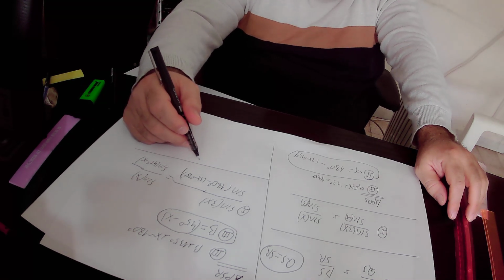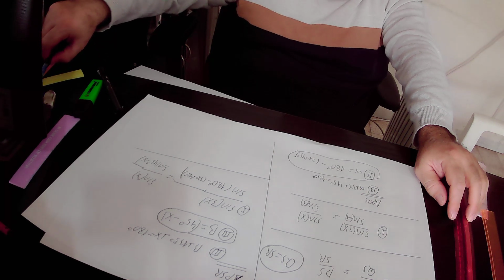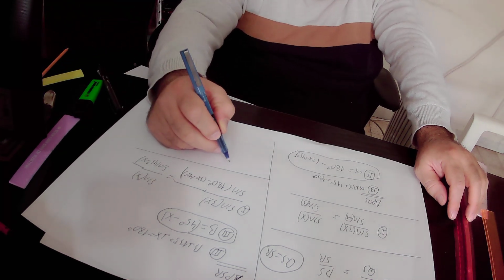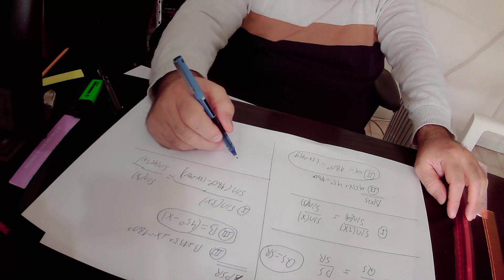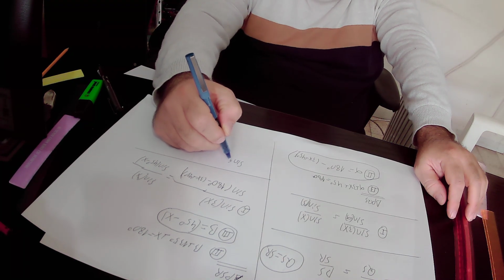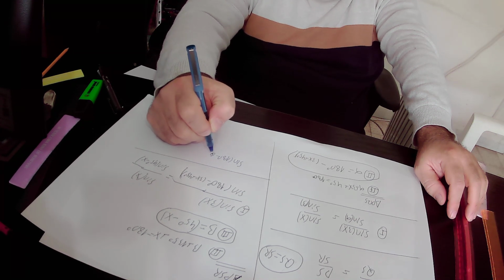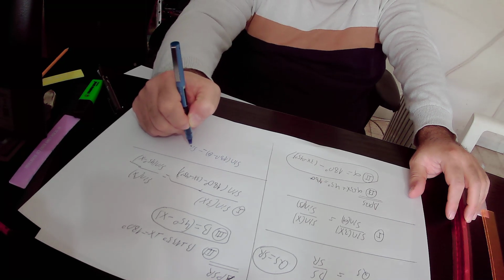We know that, according to the trigonometric identity, sine 180 degrees minus theta equals sine theta. We have the trigonometric identity that states that sine 180 degrees minus theta equals sine theta.